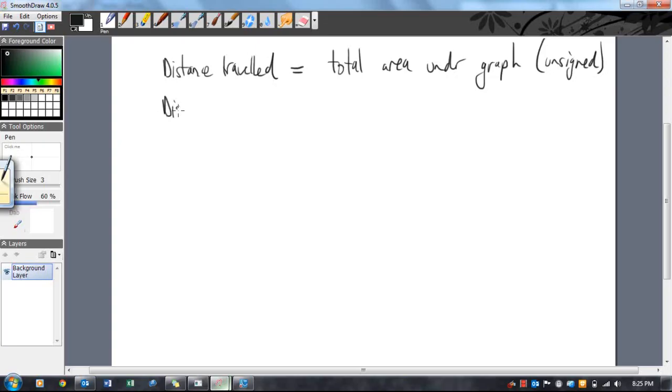If we want the displacement though, we need to take into account how far in the positive direction we've gone and how far in the negative direction we've gone, so we know where we end up. So what we want is actually the signed area under the graph.